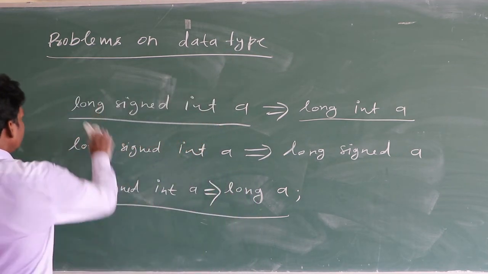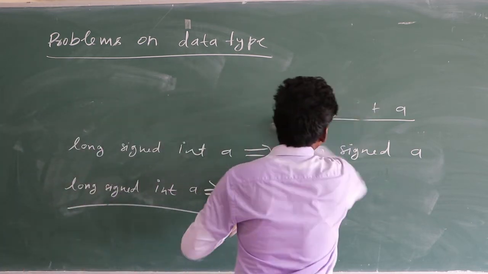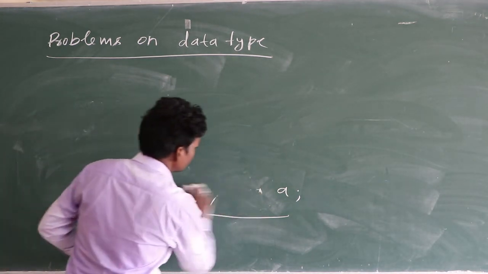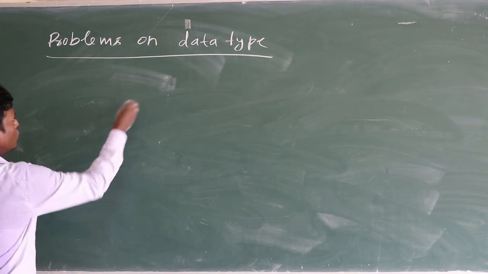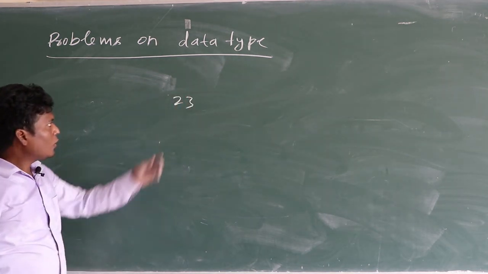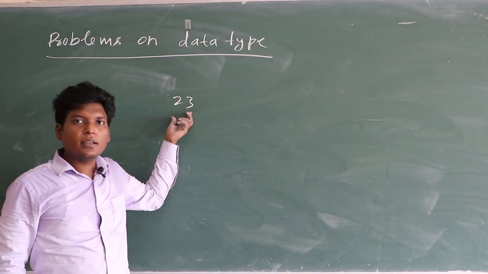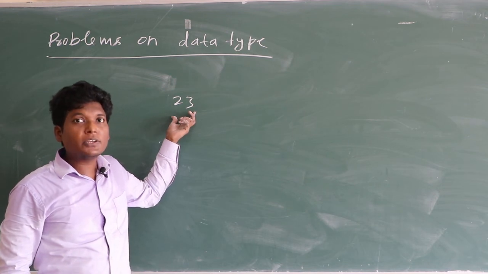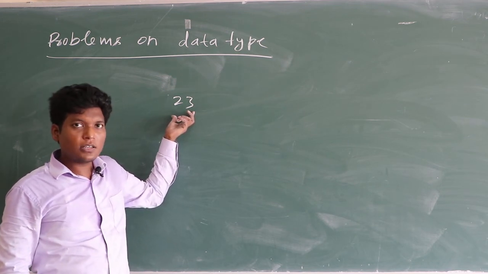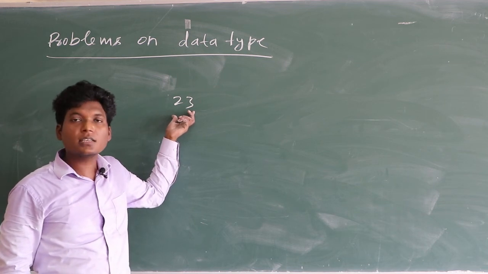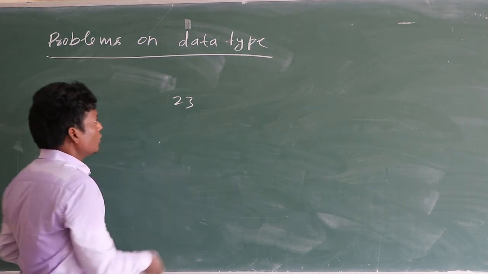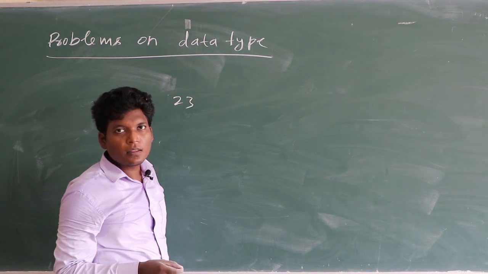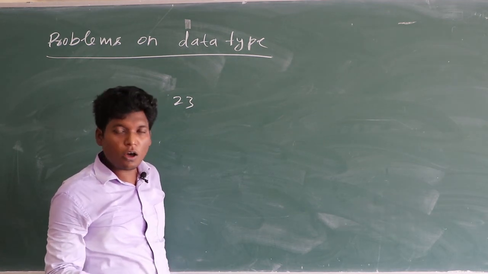For example, 23. 23 is small enough. It can be stored in int data type or short int data type, but you intentionally want to use the long.